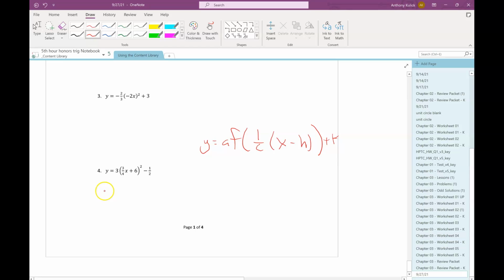So I'm going to start by factoring the 3/4 out. Notice that this coefficient has to be factored out. So if I factor 3/4 out of that, I'm going to need to divide 6 by 3/4, right? That's the same thing as multiplying by 4/3, which is going to be 8.